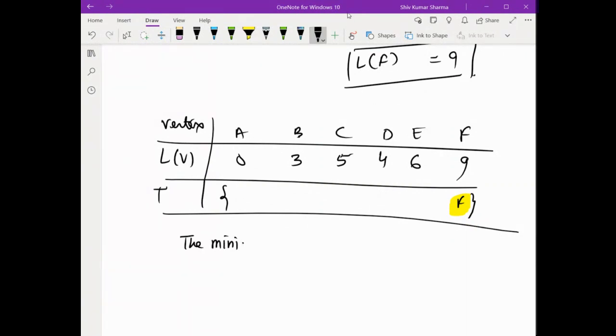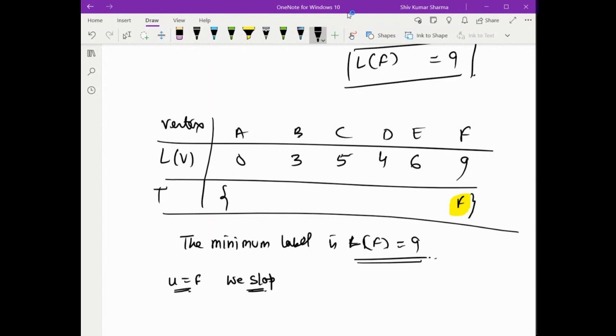The minimum level is LF, LF equal to 9. So U equal to F. So we stop because we have no choice.